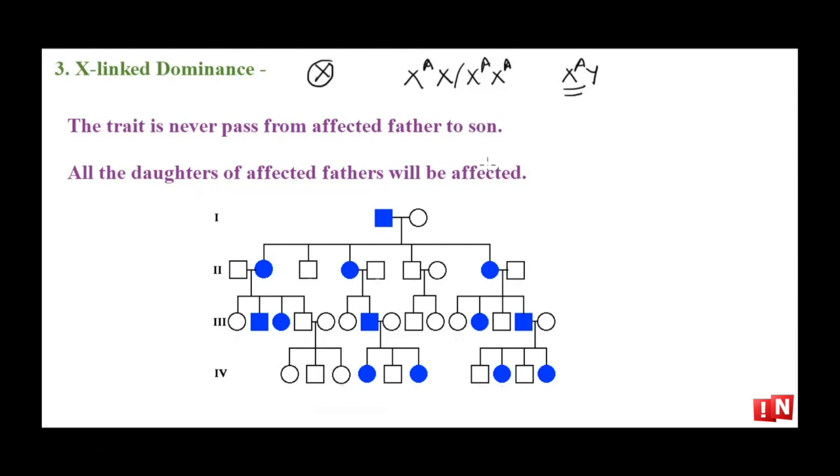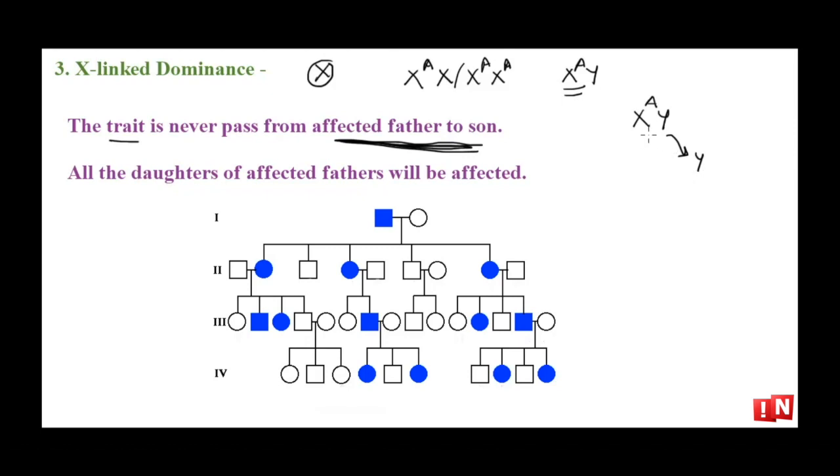Alright, now one very interesting point here is that the trait or the disease is never passed from an affected father to a son, and that holds true even for X-linked recessive. And why is this? Because even if there is an affected male, the male only gives the Y chromosome to the son, right?